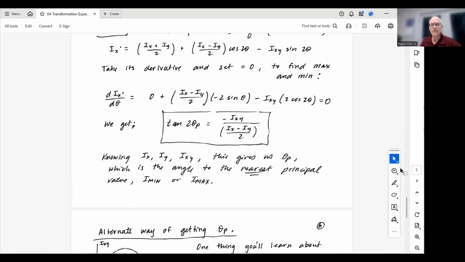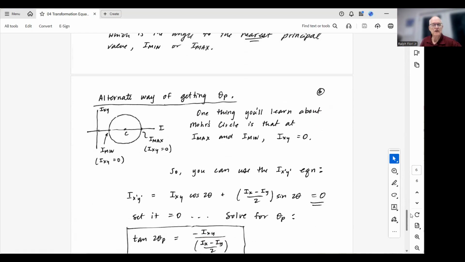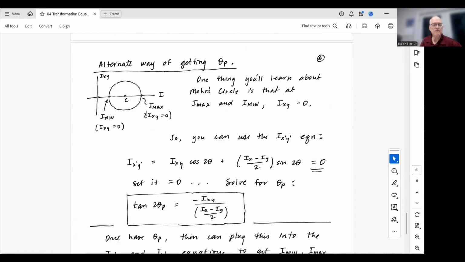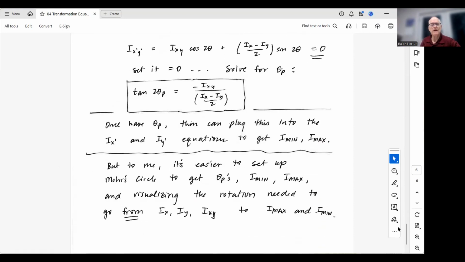Another way to get this formula is that at the principal values, the Ixy at the max and the min are 0. So if you take the Ixy equation, set it equal to 0 and solve for theta, you basically get the same equation. You get tangent of 2 theta p is equal to negative Ixy divided by Ix minus Iy over 2.